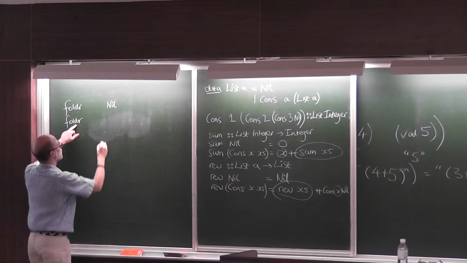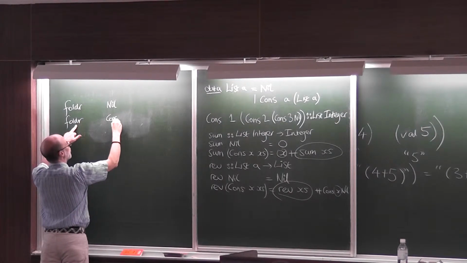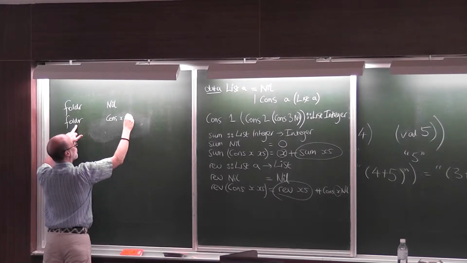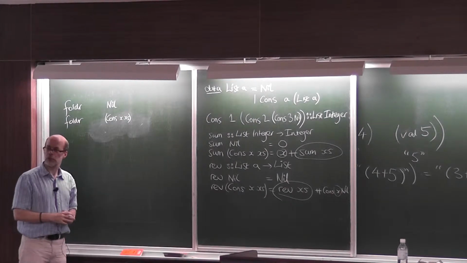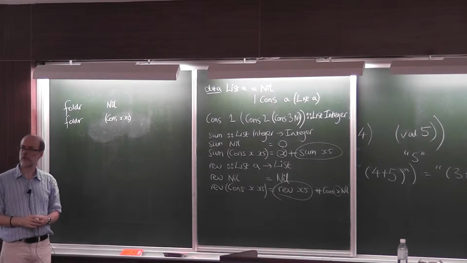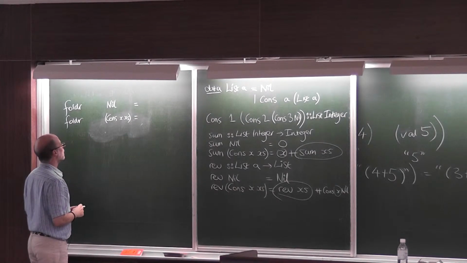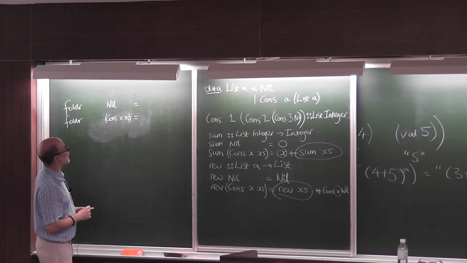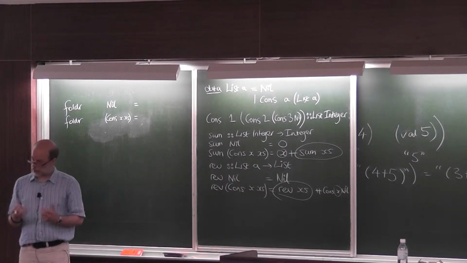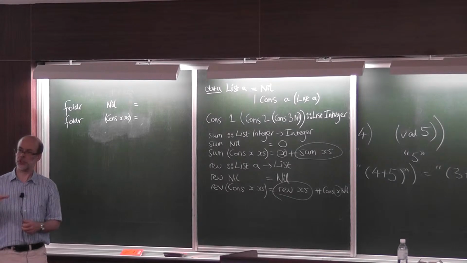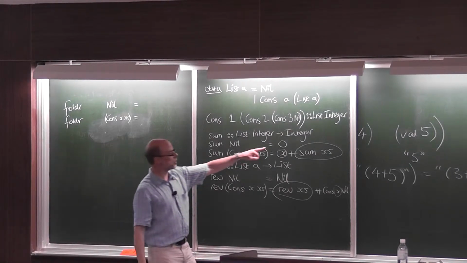This is supposed to be capturing the pattern. So there are two cases: one for the empty list and one for the non-empty list. In the empty list case, what am I going to do? I have to produce some constant.